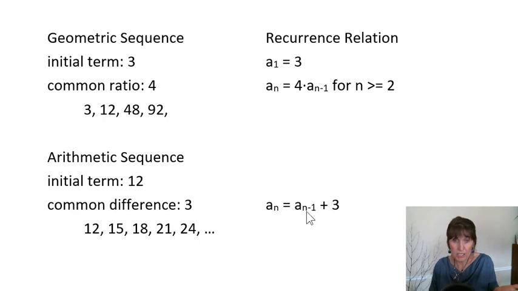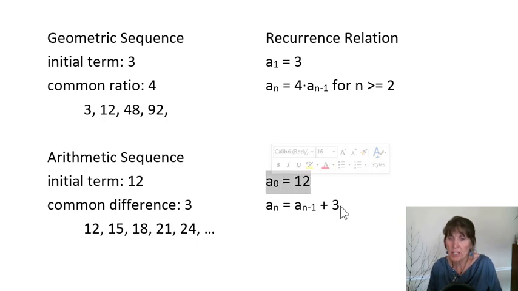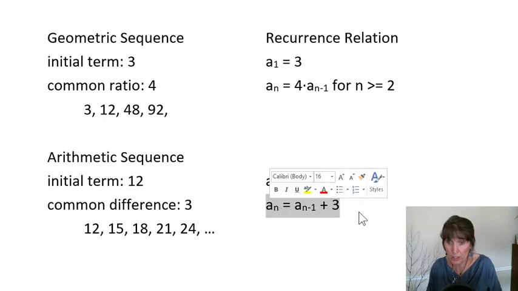So here we've defined it, but this works for all of them except for the first one. So let's say in this particular case that the initial index is 0. So then that would be the term a sub 0, right? So a of 0 is equal to what? Well, it starts at 12. So this tells us what the first term is. This tells us what every other term is.